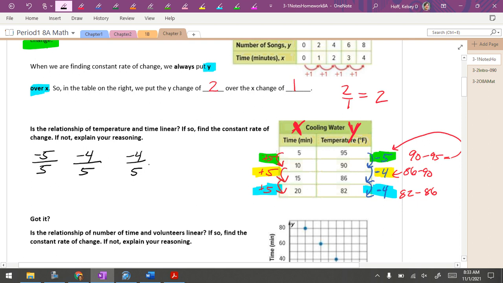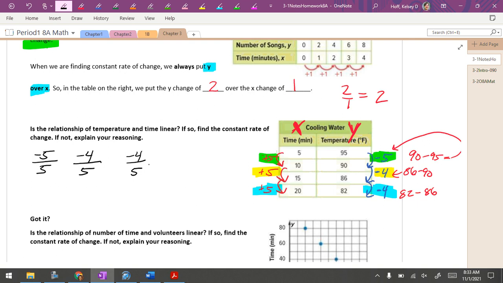Now, we're trying to determine if this is linear. In order for it to be called linear, it has to have a constant rate of change. And constant means the same. Are those fractions all the same? No. So does this have a constant rate of change? No. Is this linear? No. Linear is constant rate of change.